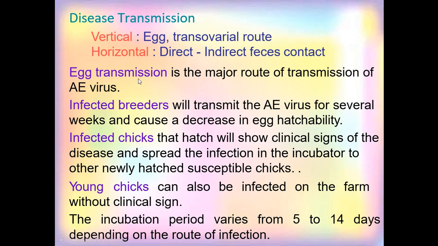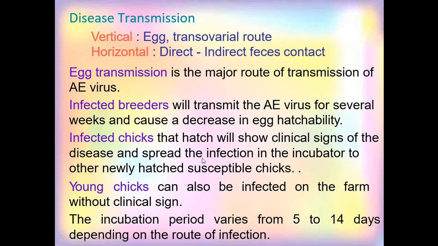The most typical transmission of this disease is egg transmission. It means the vertical route, and the infected chicken breeders, I mean the infected hen, can transmit the virus for several weeks, and it also decreases egg hatchability, so the egg does not hatch well.